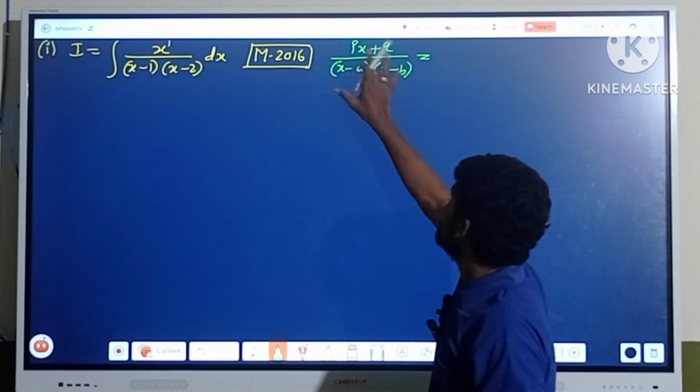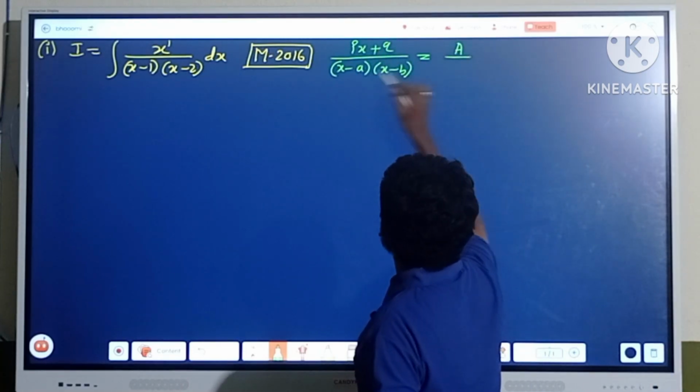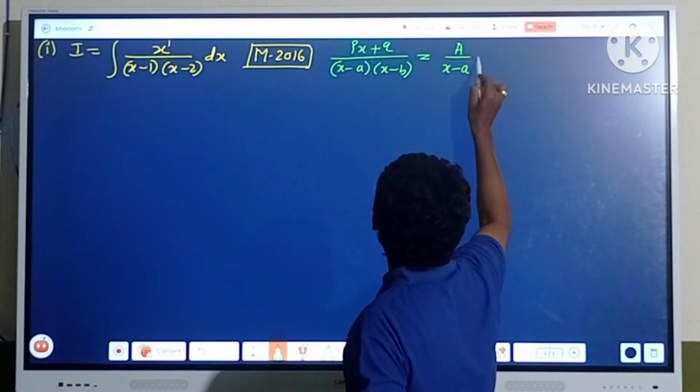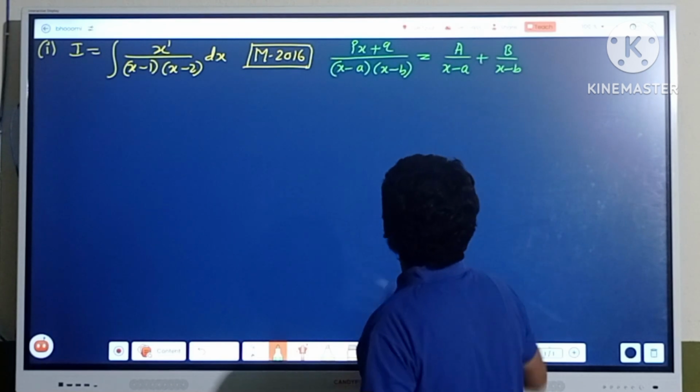If a rational function is in this form, then it can be expressed as A divided by one factor, x minus a, plus B divided by the other factor, x minus b.